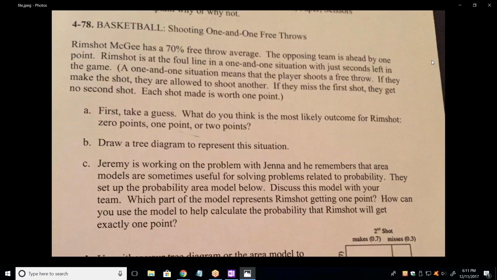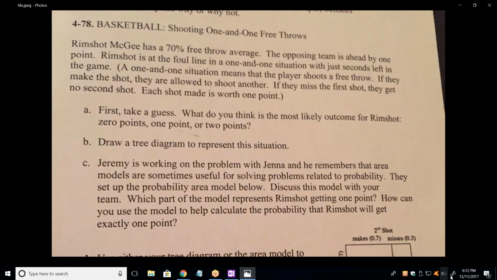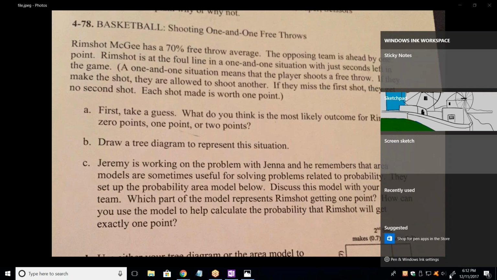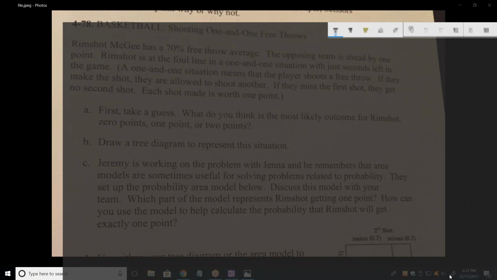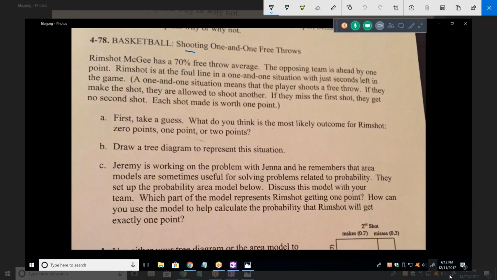Okay. Well, let me do this. Excuse me a second. Take a screenshot and then I can draw on it. So she shoots at a 70%. That means she makes 7 out of 10 free throws.